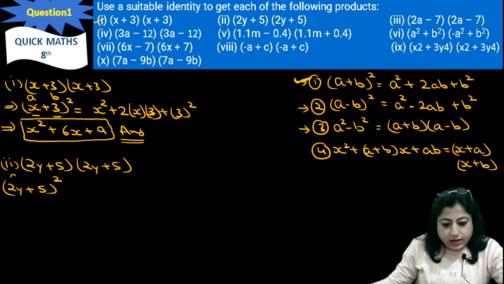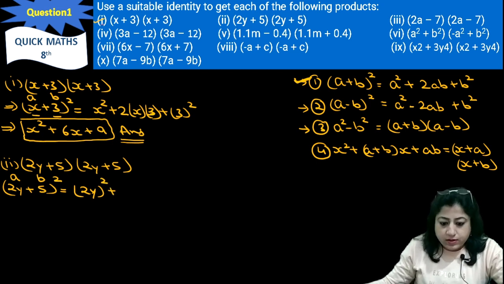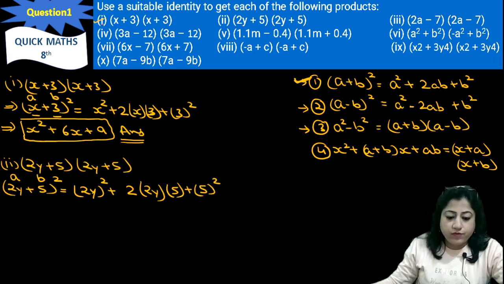In this case, it is a and it is b. So a is 2y, complete 2y is a. A square plus 2ab plus b square. A is 2y and b is 5, so b square is 5 square.